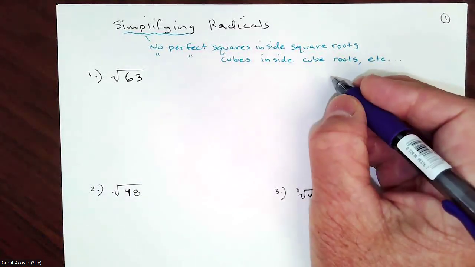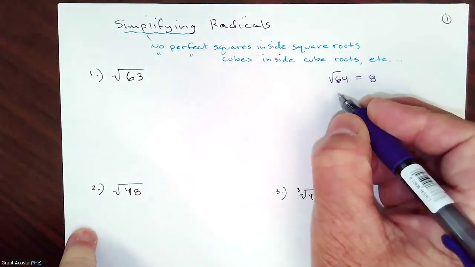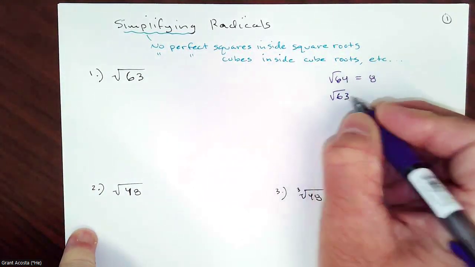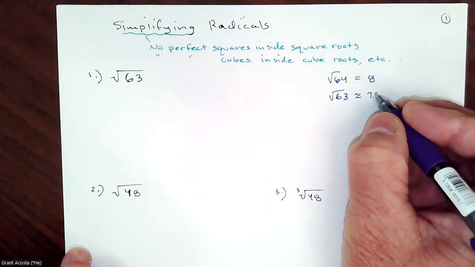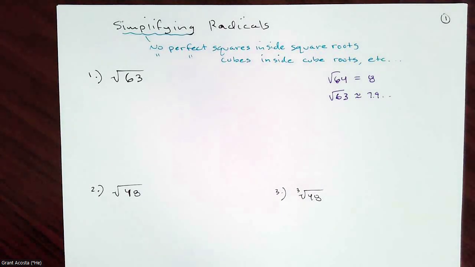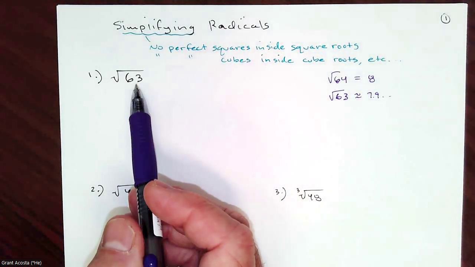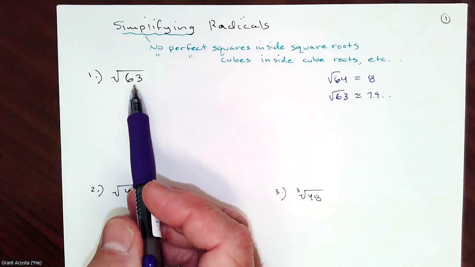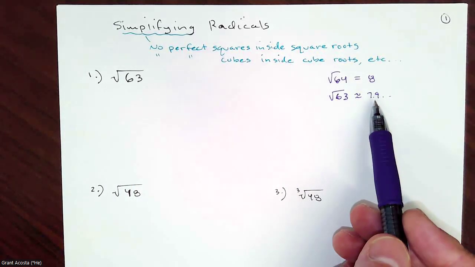You probably realize, well, the square root of 64 is exactly equal to 8, so the square root of 63 is a little bit less than 8, maybe 7.9. I don't know exactly, but it's not too hard to get a nice numerical estimate of what the square root of 63 is. But you'll see after we simplify it, you might find it's a little bit harder to estimate that the square root of 63 is about 7.9.